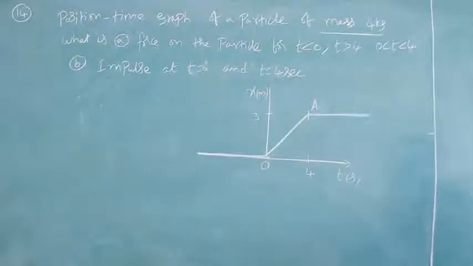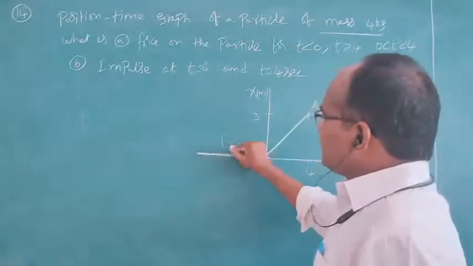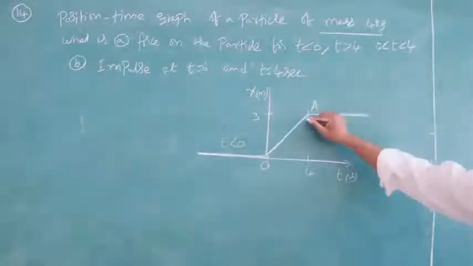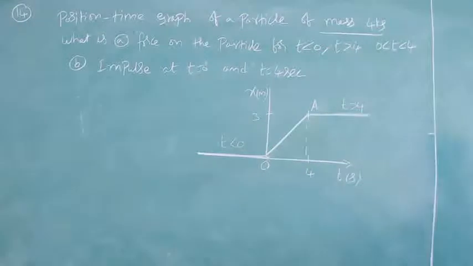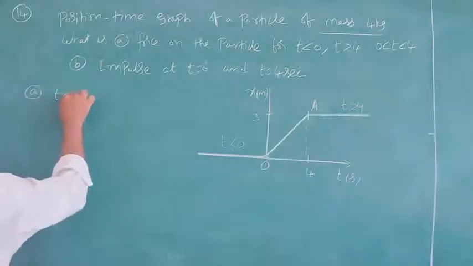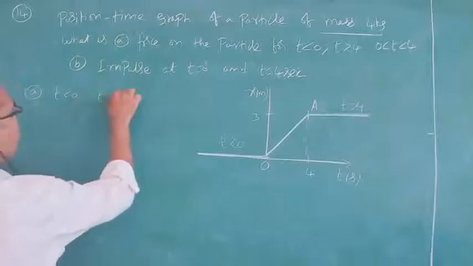So what is the value we have to write? T less than 0 means this part, and t greater than 4 means this part. Okay, so what is the meaning of this one? For the first question, t is less than 0, and this is t greater than 4.